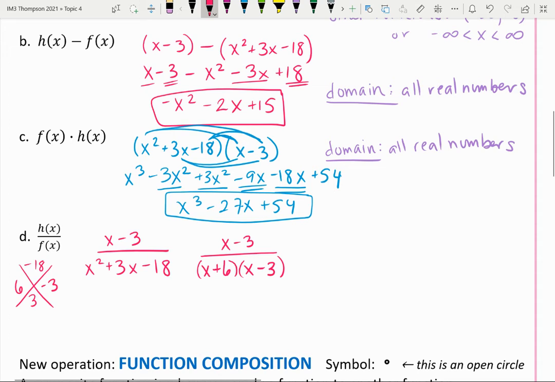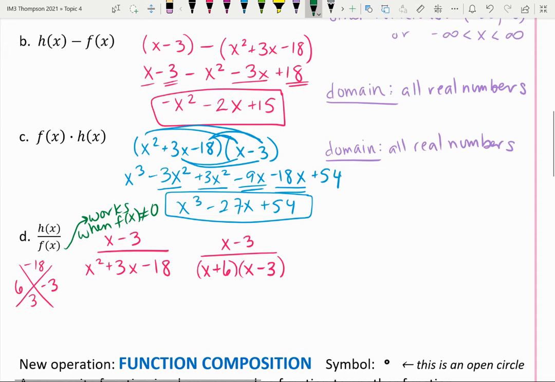This only works when the denominator is not 0. So I create this condition. Whatever's in the denominator can't be 0.